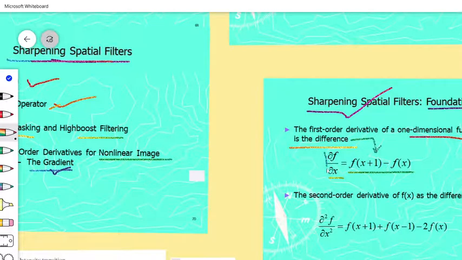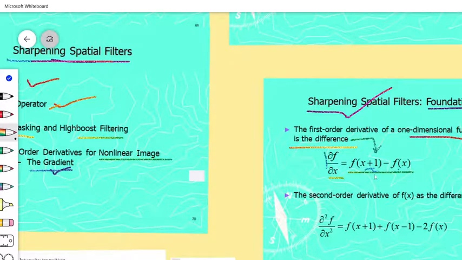So we are subtracting the original function from the incremental function, x plus 1 minus x, like that.